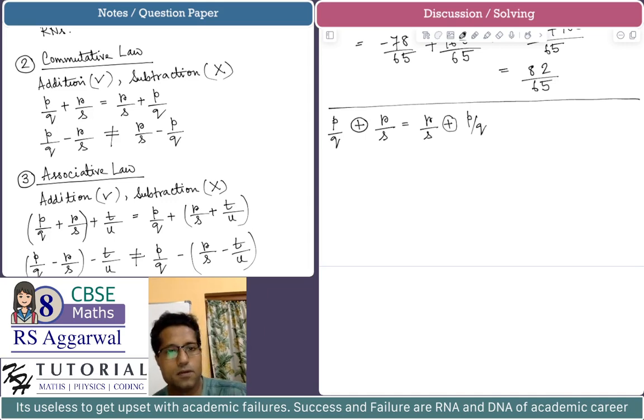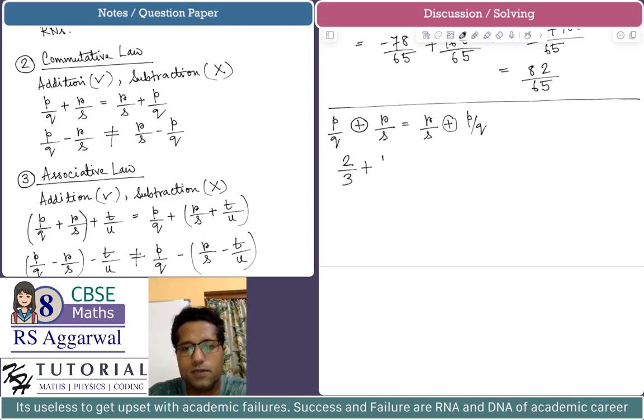So addition for rational numbers is commutative, but subtraction is not commutative, meaning you can clearly check that 2 by 3 plus 1 by 3 is equal to 3 by 3 which is equal to 1.